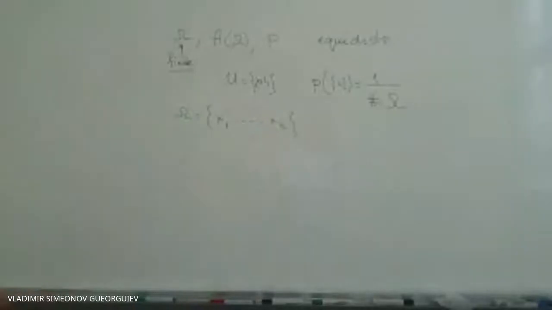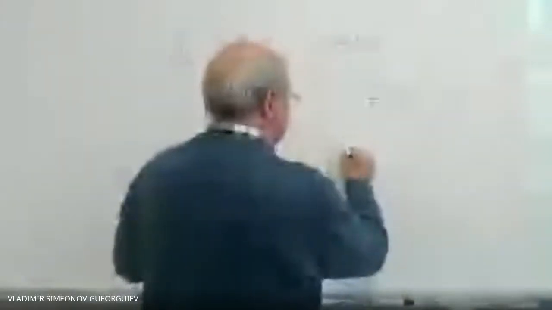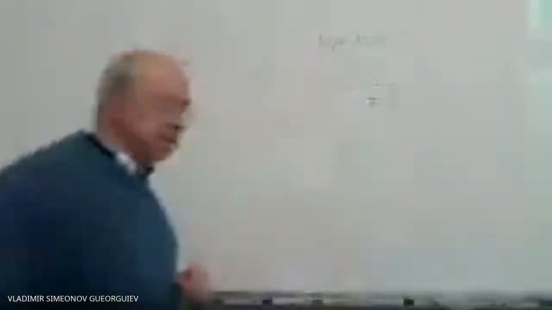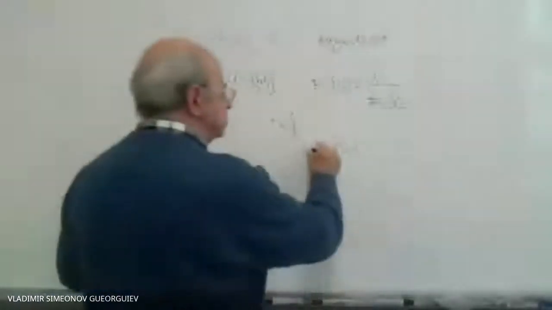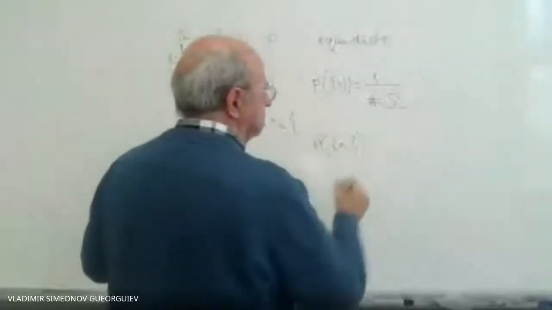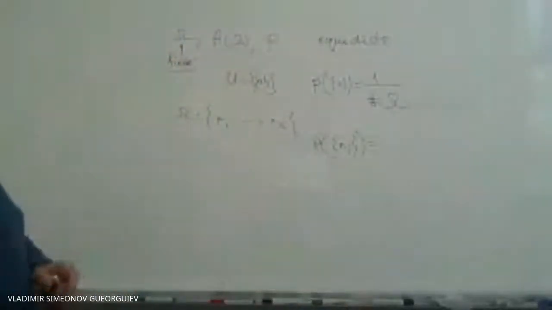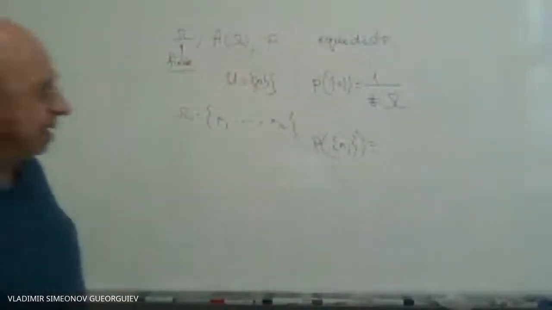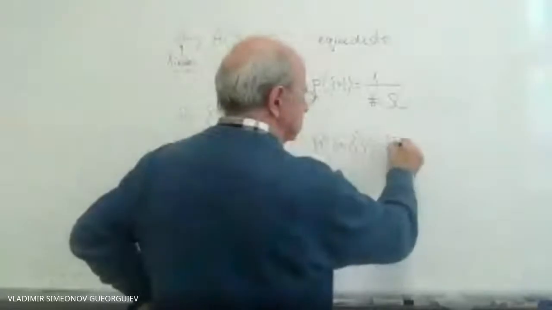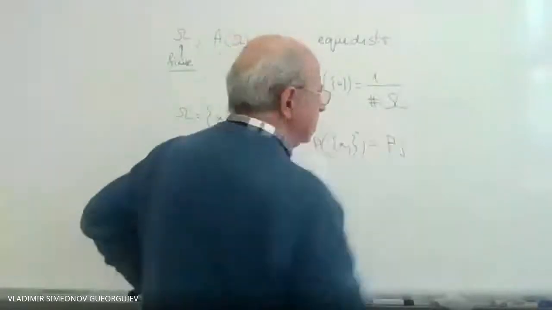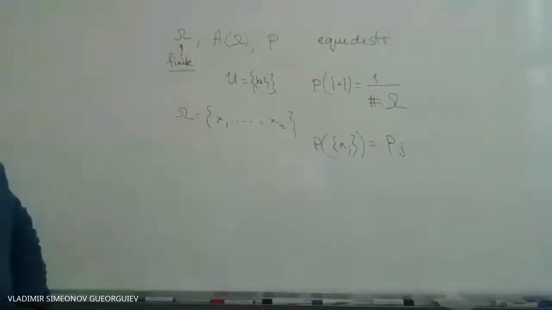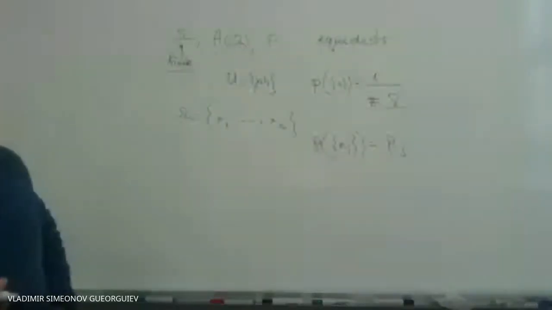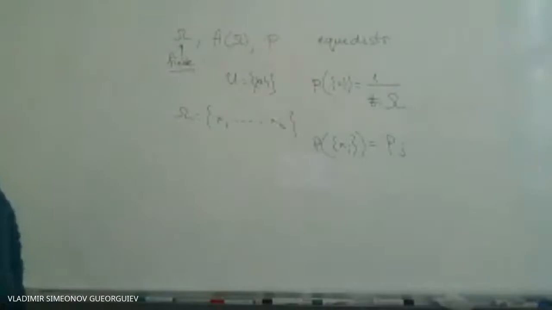And when you take a one-element set {xj}, and you measure its probability, nobody says that this should be 1 over the size of omega. We can say that this is some number pj, of course between 0 and 1. And what are the properties of these probabilities?